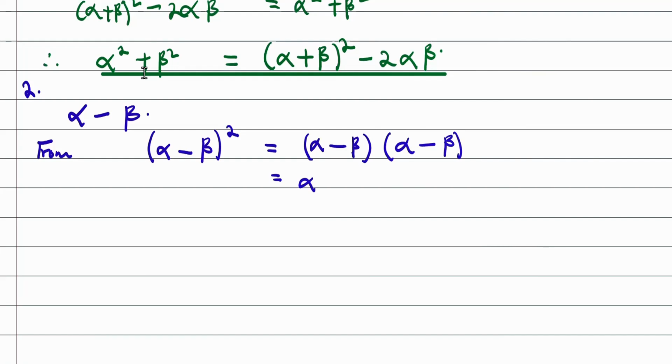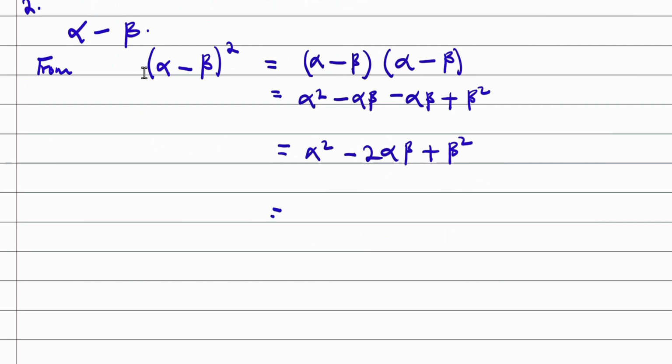As we simplify, we have alpha squared minus alpha beta minus alpha beta plus beta squared. So this is the same as alpha squared minus 2 alpha beta plus beta squared. So this is the same as having alpha squared plus beta squared minus 2 alpha beta.